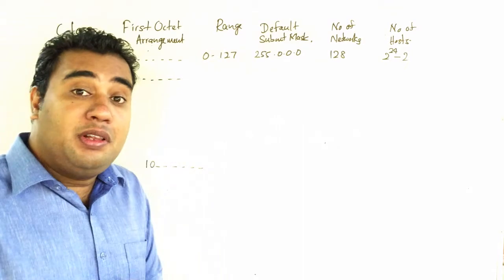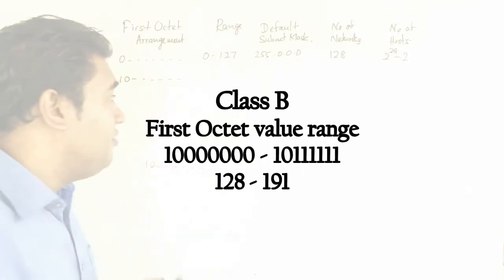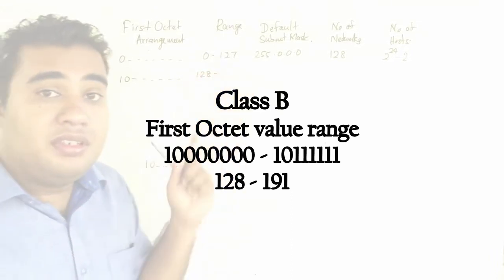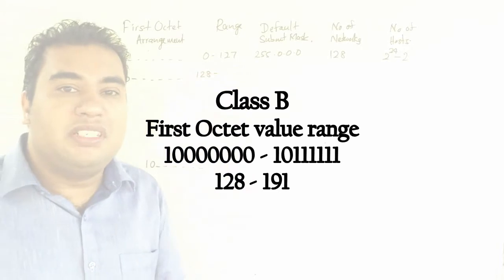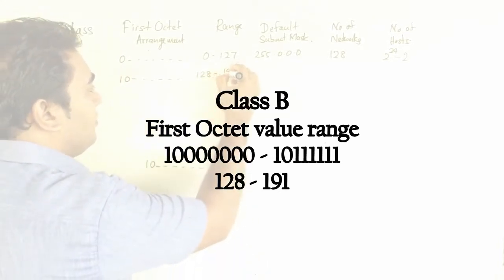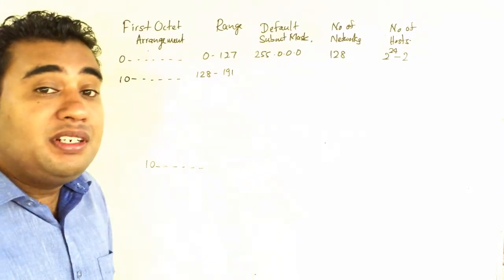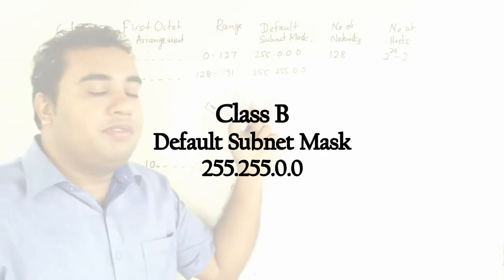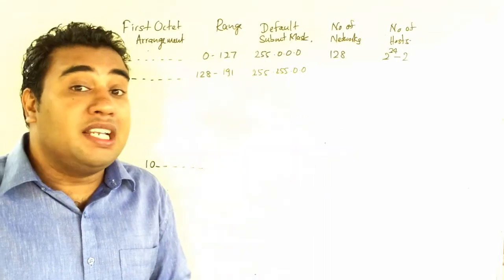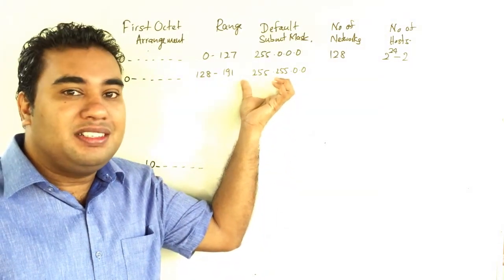So the value range will be 6 zeros, which is 128, up to 6 ones, which is 191. The default subnet mask for class B IP addresses is 255.255.0.0. So the network portion is in the first 2 octets.